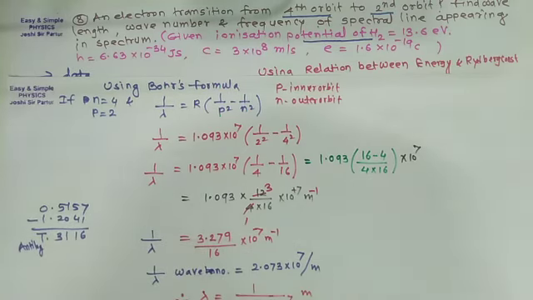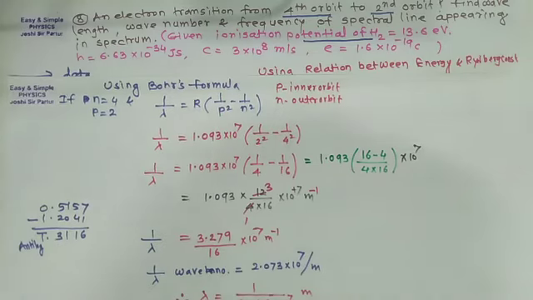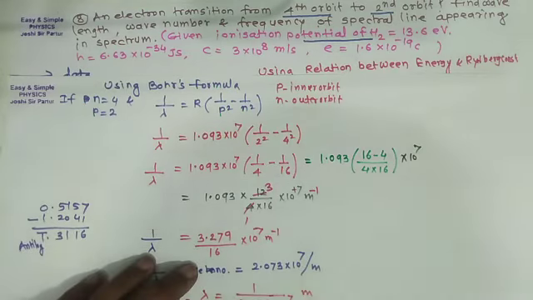So lambda is equal to 0.4824 into 10 raised to minus 7 meter. If the decimal point is shifted, we get 482.4 into 10 raised to minus 10 meter.